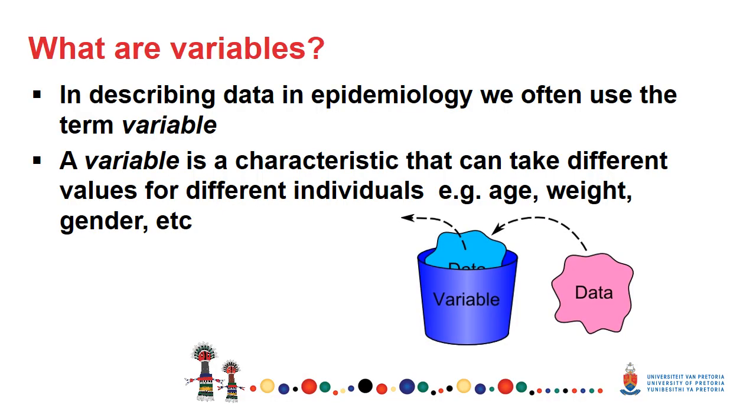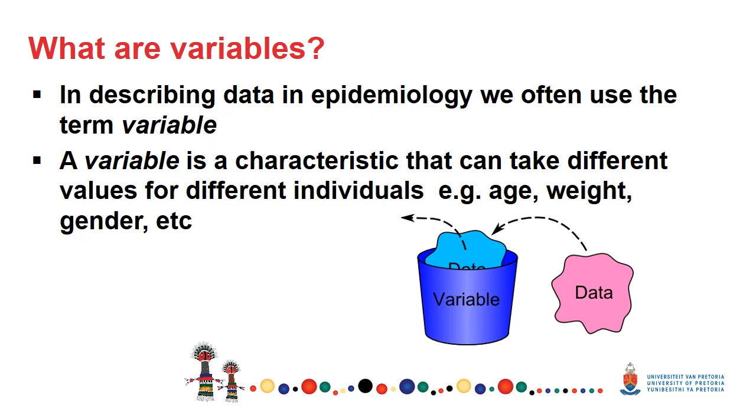We need to define a variable as we are going to use it a lot in statistics. Now, a variable is a characteristic that can take different values for different individuals. E.g., my age can be 21 years and your age can be 40 years, for instance. The variable in this case is age. The values 21 and 40 years, they are data.